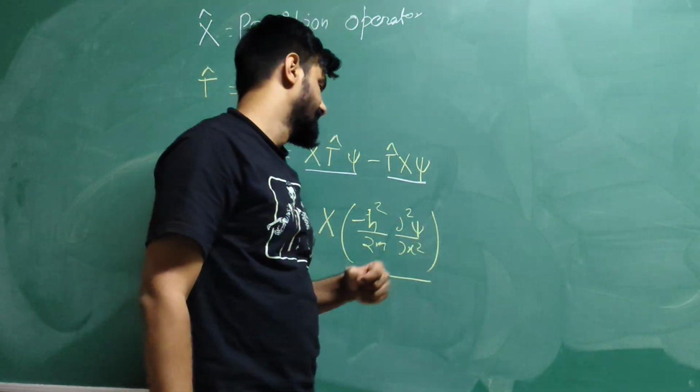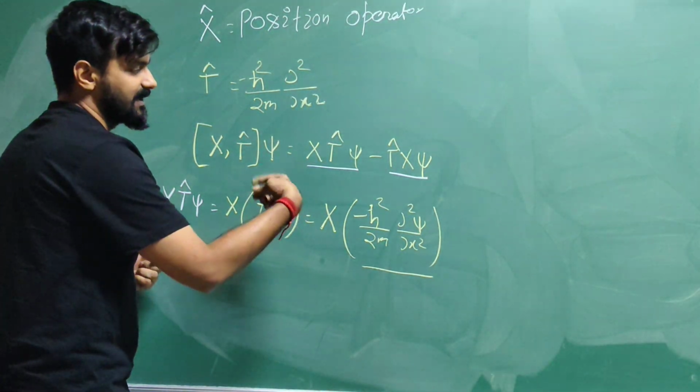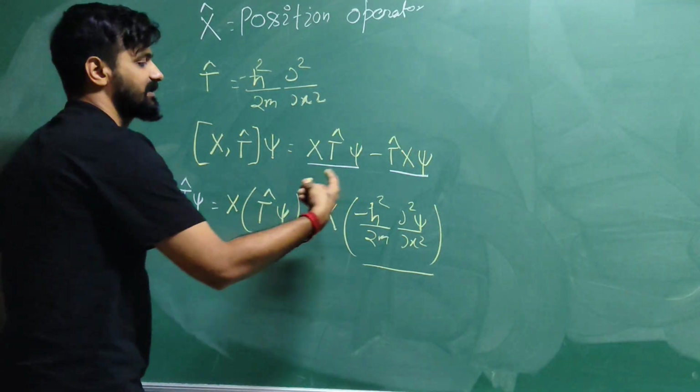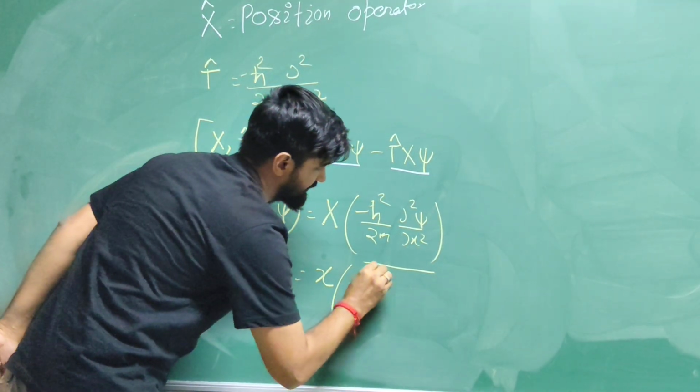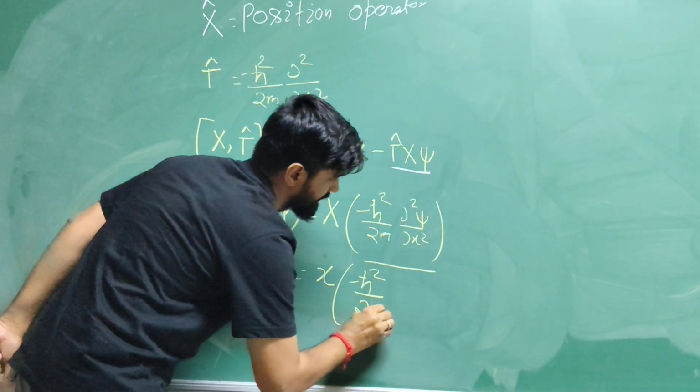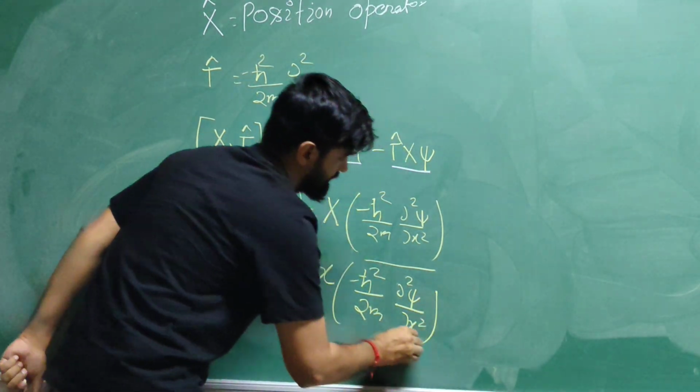Now you get a function after operating the kinetic energy operator over a wave function psi. The position operator then operates over that function, and this is just a multiplication of minus h square divided by 2m and del 2 psi by del x square.